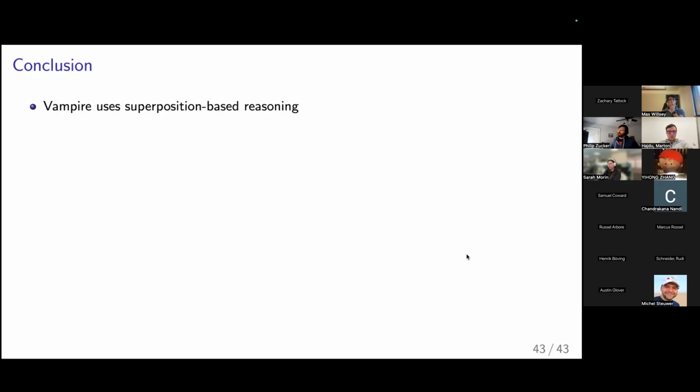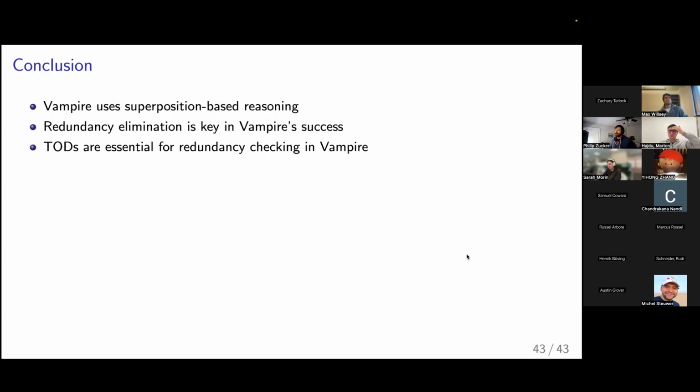To conclude, I have introduced how superposition-based reasoning is used, and this is also used in Vampire. Redundancy elimination is key in Vampire's success, and we looked in particular at forward demodulation and term ordering diagrams. Term ordering diagrams are really essential in the implementation of efficient reasoning with redundancy checking.